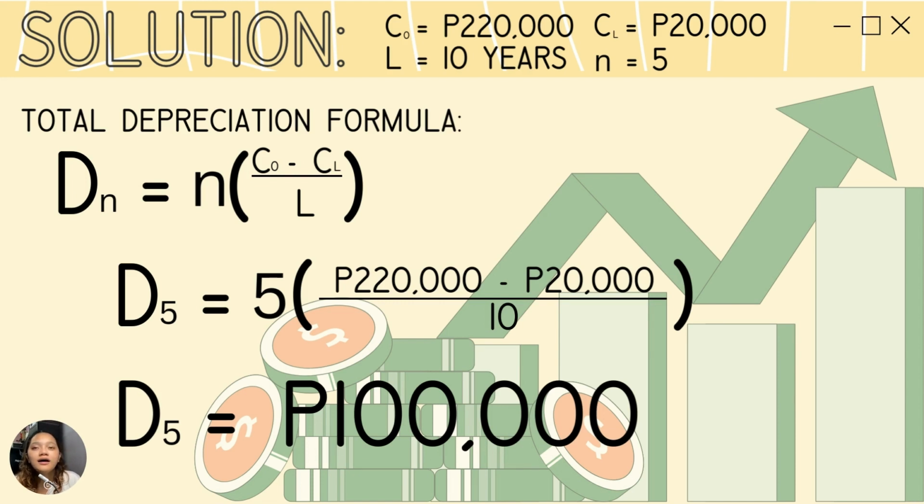Substituting the given data, we have 5 times the quantity 220,000 pesos minus 20,000 pesos, all over 10. So the depreciation after 5 years is equal to 100,000 pesos.